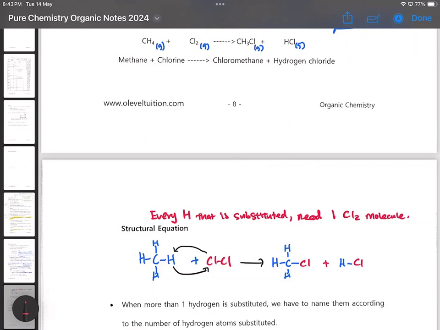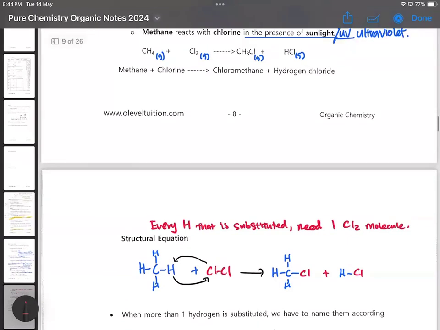So if you want to substitute more hydrogen, you need to substitute it with more Cl2. It's a must. You cannot say there's 2 chlorine here, Cl2, I swap for 2 hydrogen. No, you can't. That's not how it works. So they can only swap one time and it's done. So every H, you need one Cl2. Okay, simple.